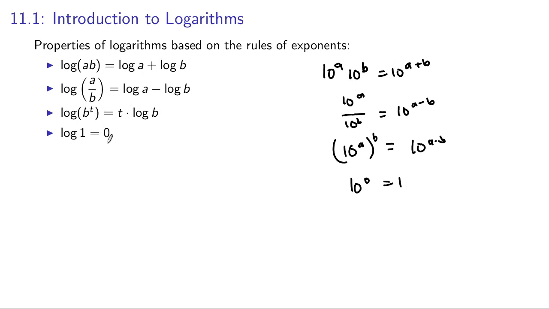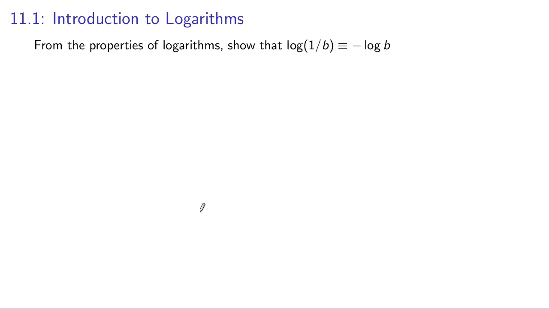So also the log of 1 is 0 because 10 to the 0 is 1. So using these properties of logarithms, show that the log of 1 over b is equivalent to the negative log of b. If we think about this, the log of 1 over b, using the property that division turns into subtraction, is the same as the log of 1 minus the log of b.